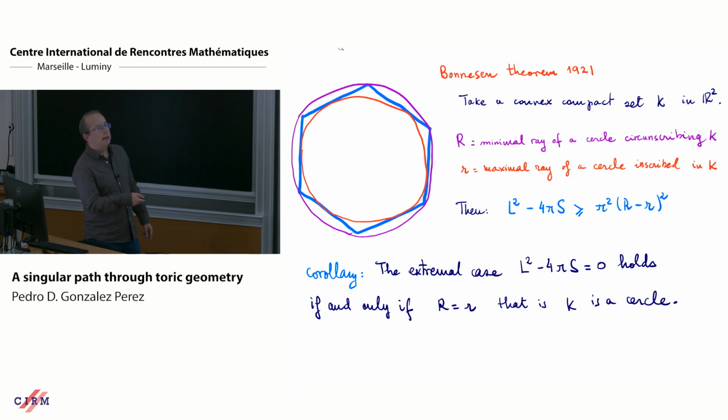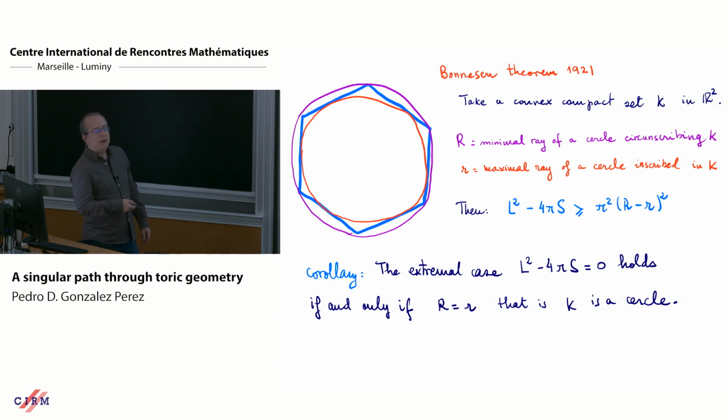So if this polynomial in two variables has two real roots, we have this inequality here between small r and big R.